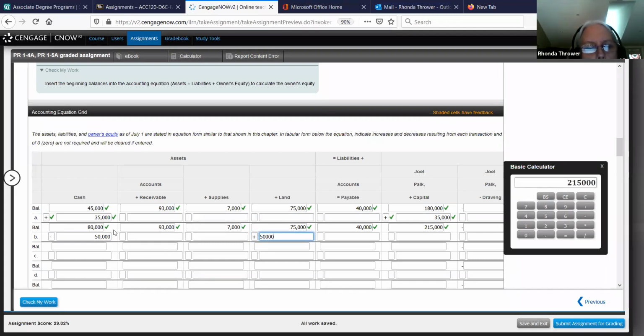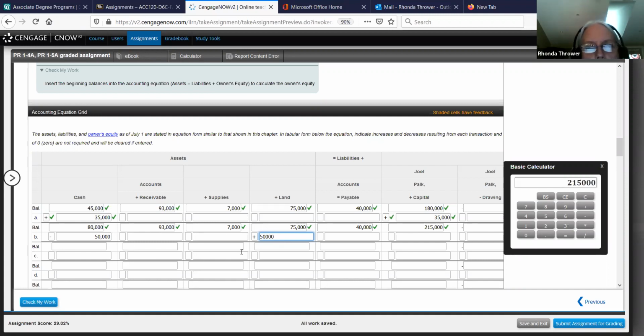And I want you to pay particular attention to what we just did in transaction B. Notice that my cash went down. I had put that in as a minus, but my land went up. Both of these are asset accounts, but what the negative 50,000 and the positive 50,000 does is it cancels itself out.